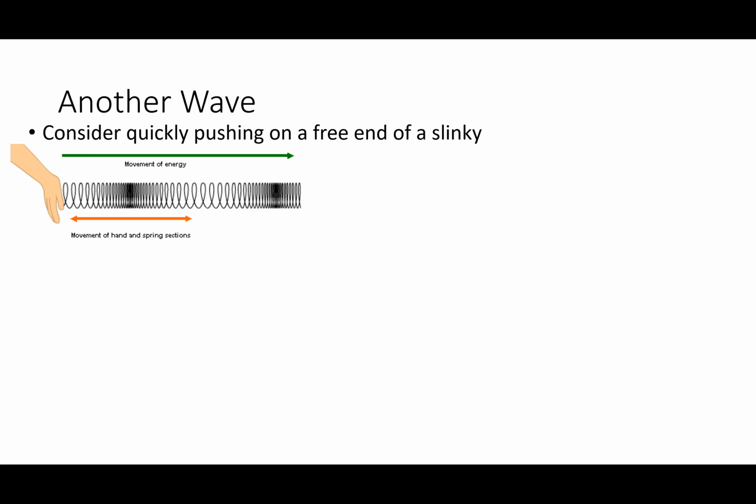Can you see that the direction of the wave is literally the direction that the energy is traveling? Whereas with the bobbing up and down of water, you have water going like this and the wave going like this, so that's at a right angle. This is in the same direction. So these are called longitudinal waves.